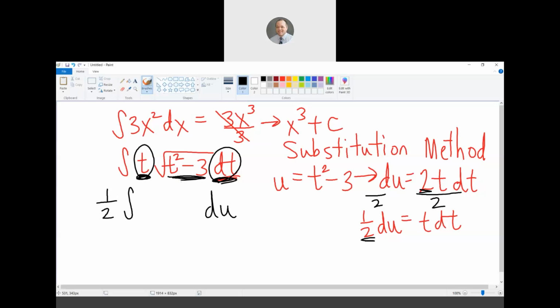In place of t squared minus 3, we'll plug in u. Now, we know from algebra that the square root of u is the same thing as u to the 1/2 power.